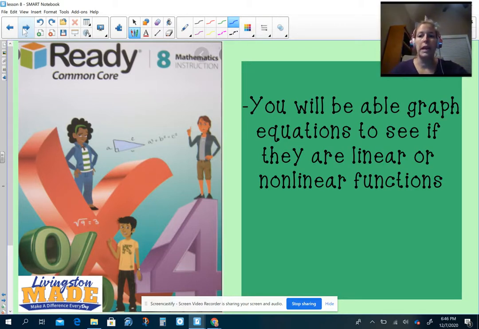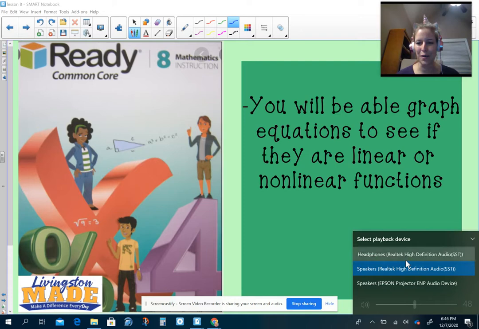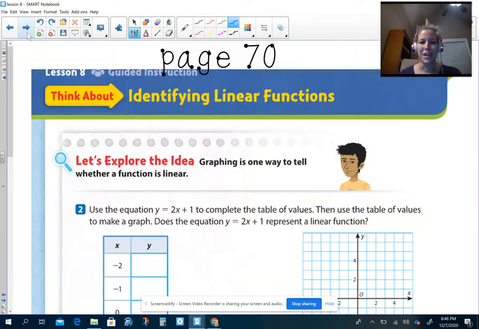You are going to be able to graph equations today and make sure if they're linear or nonlinear. So that's why I want to make sure you have graph paper, because I want you to graph with graph paper. So it'd be good if you had it, okay? So let's get started. If you need to pause to go get your items and to try to find some graph paper, go ahead and pause and get what you need.